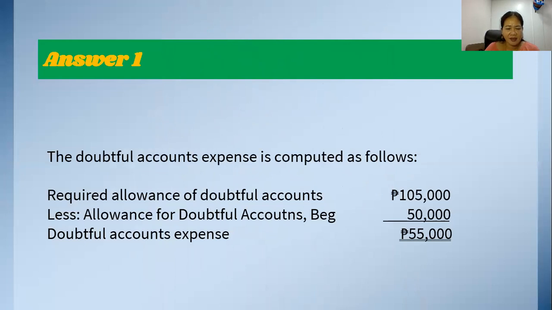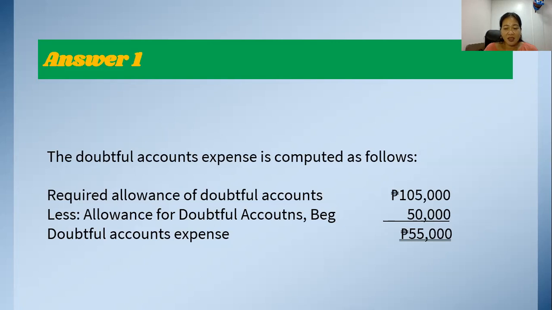So is the 105,000 the amount we will be using in preparing the adjusting entry? No, because the 105,000 is the required allowance for doubtful accounts, or that would be our allowance for doubtful accounts end. Since that will be our required allowance, we need to consider whether we still have an allowance balance existing in our balance sheet.